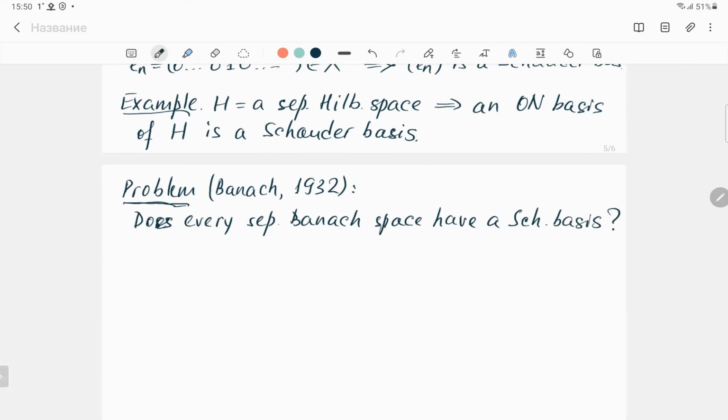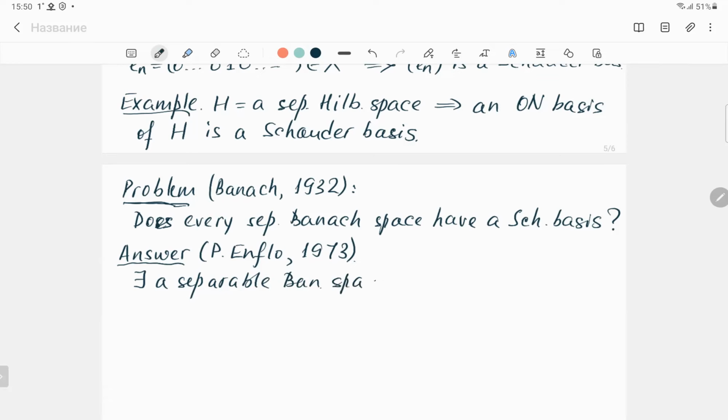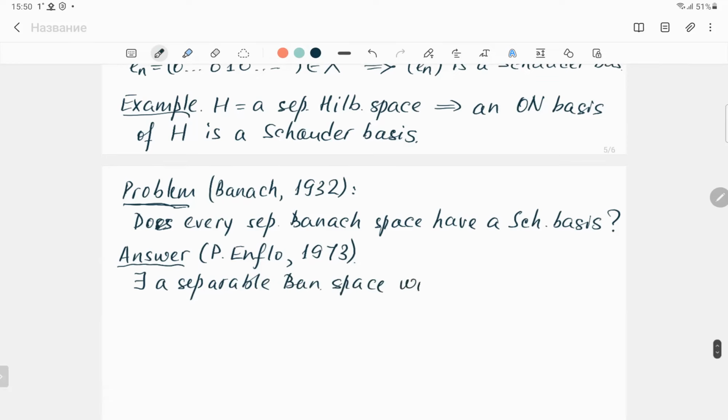The answer was given only in 1973 by Per Enflo, an American mathematician of Swedish origin. Actually, he constructed a separable Banach space without the approximation property.